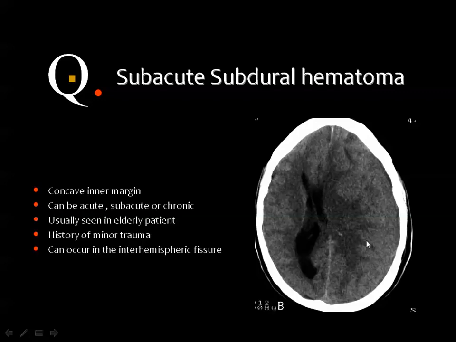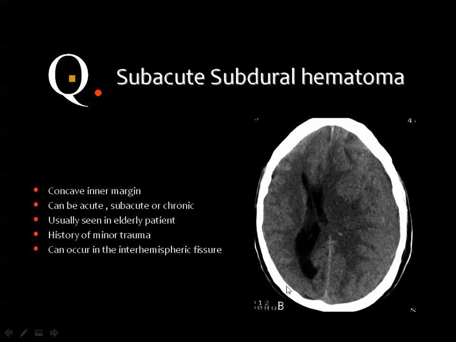I have said that if there is a mass effect and you don't see the lesion, there are two main possibilities: subacute subdural hematoma and infiltrating glioma. The difference between both is that in the subdural hematoma, you can see the gray-white matter interface, meaning that the lesion is outside the brain parenchyma.